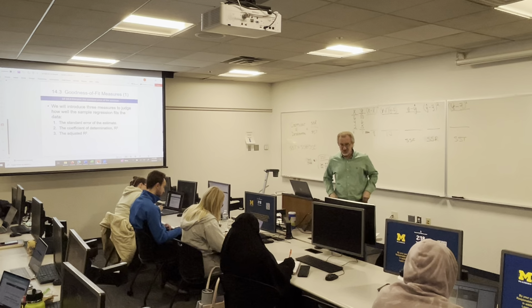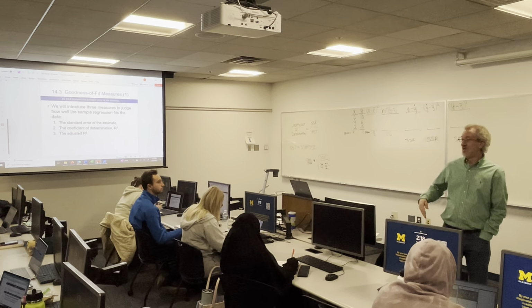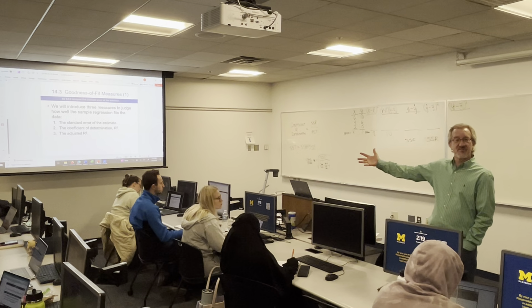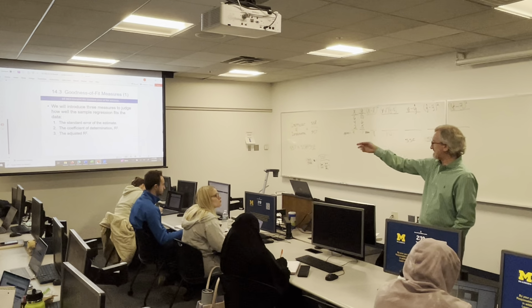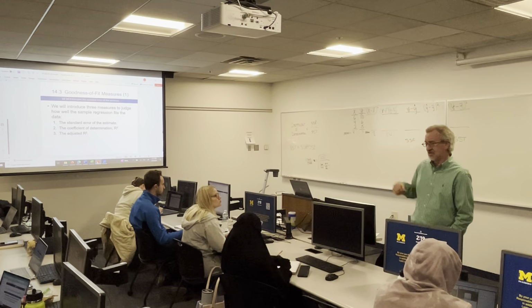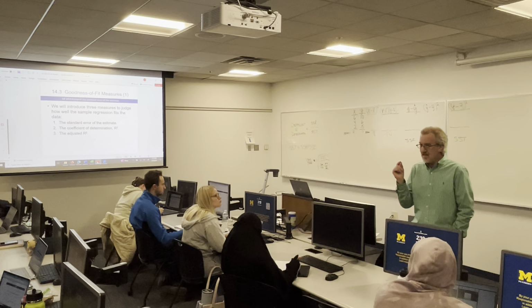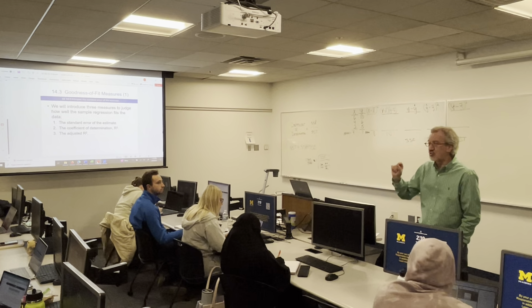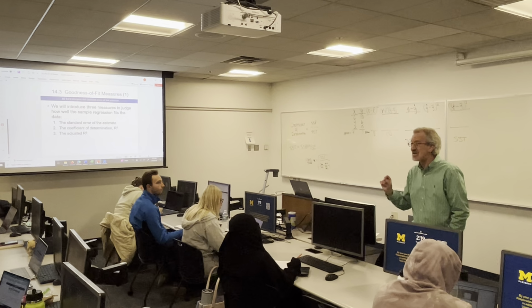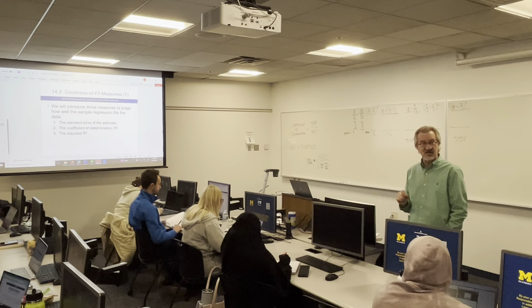Okay, now let me make sure you've got this written down. If these 2 models have the same number of explanatory variables, I'm going to use maybe standard error of the estimate, or I'm going to use R squared, coefficient of determination. When you look at standard error of the estimate, you want to pick the model that has the lowest standard error of the estimate. Let me repeat that.